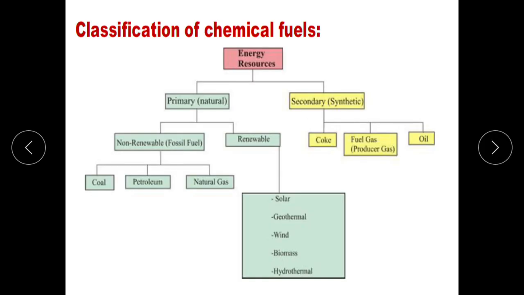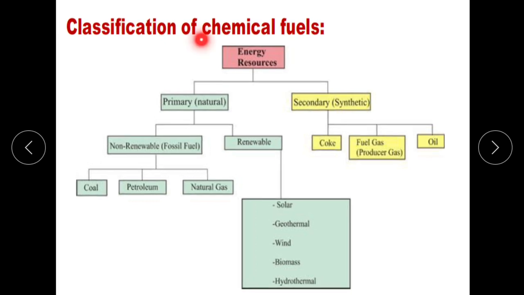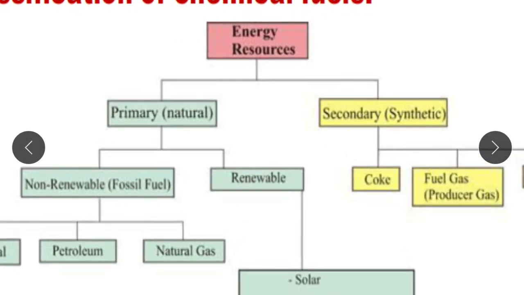Classification of fuels. Fuels can be broadly classified into primary fuels and secondary fuels. Primary fuels are naturally occurring, and they don't require any special treatment before utilization. They act as fuels in the way they are available in nature.